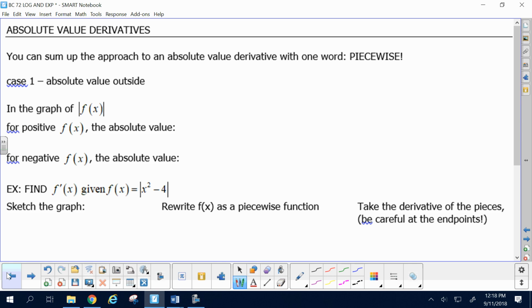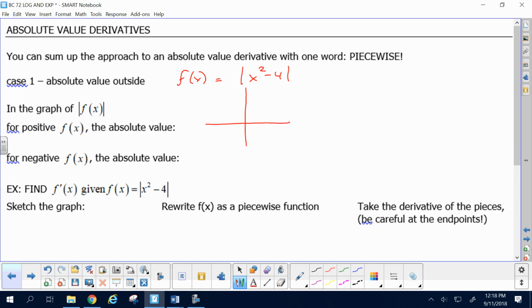If you have absolute value outside, then let's do an example. Say f of x is x squared minus 4. What does that graph look like?